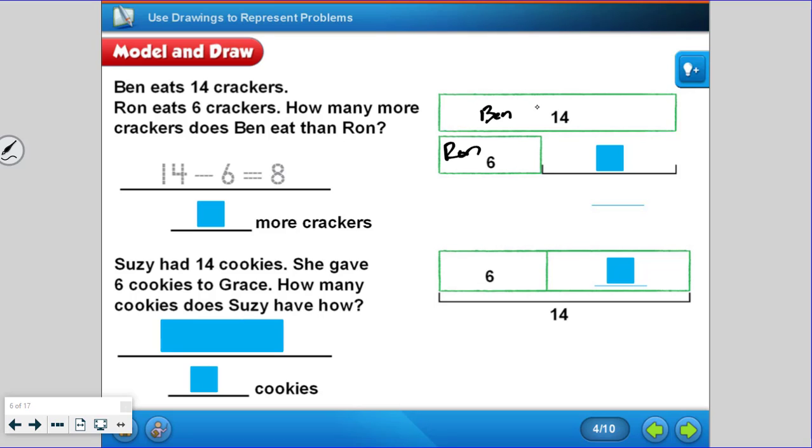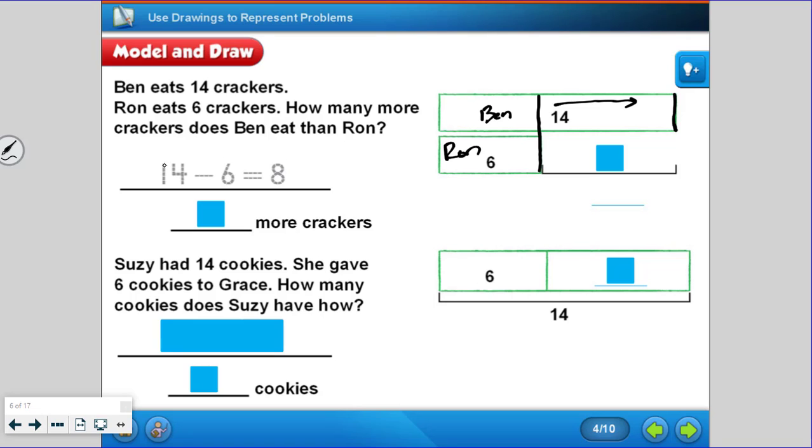So we're going to put them side by side, and we want to figure out this part right here, from the line to the end down here at this line. We want to figure out how many more Ben eats than Ron. What this forms is a subtraction problem, because to figure out this number, we have to take this number and subtract this number from it to find out how much this part is.